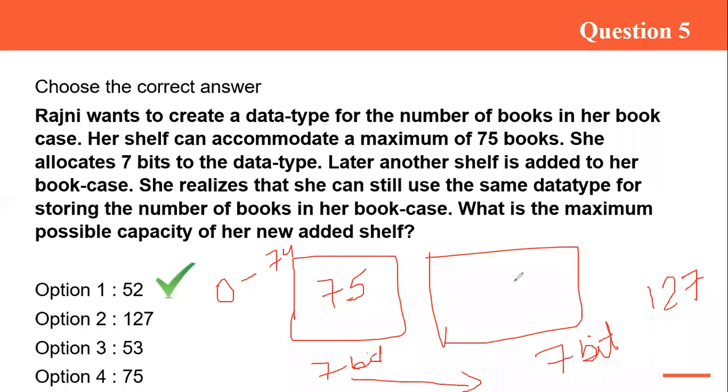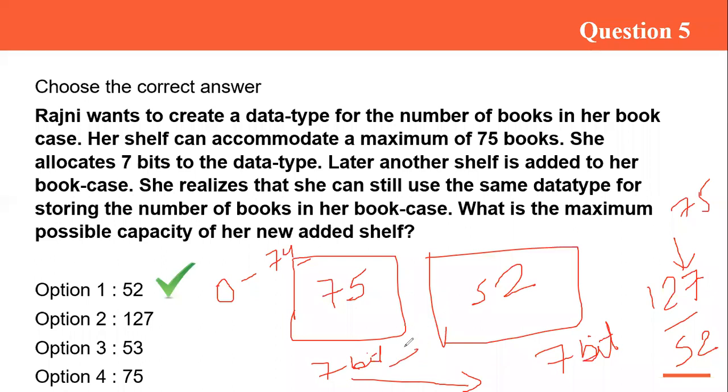So how many books we can store here is our question. Simply 127 minus the previous books stored. 75 books were stored, the count of books, not the last book number. 127 numbers we can maximum store. 127 minus 75, what is that? 52 more books she can store here.